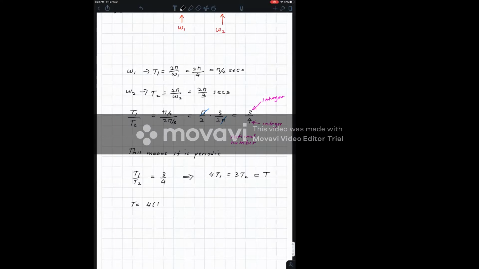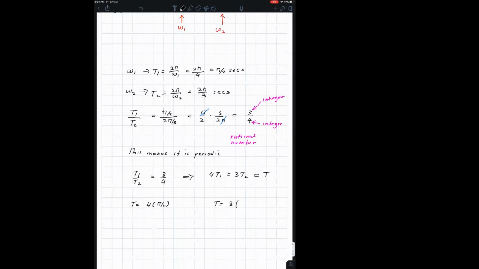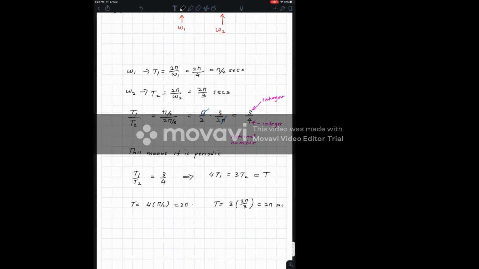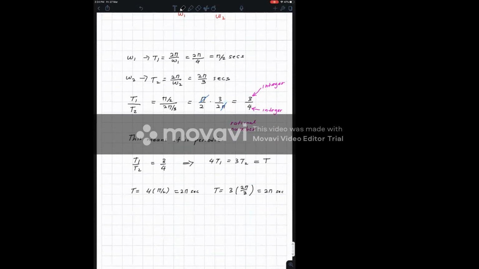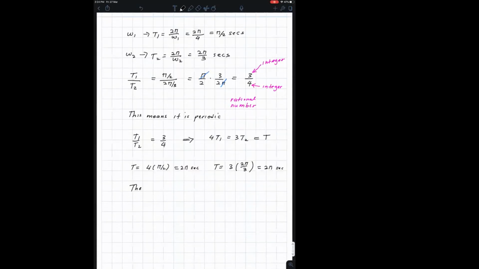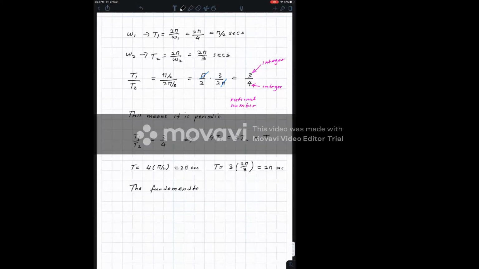Even 3T2, T2 is 2 pi over 3, so this also gives you 2 pi. This is the fundamental period. The fundamental period is 2 pi seconds.